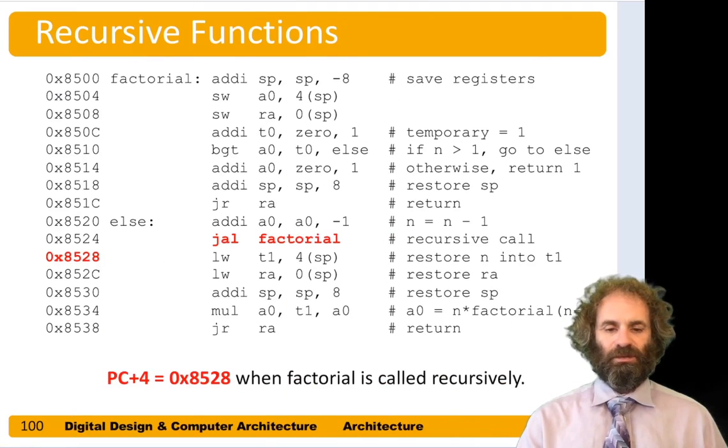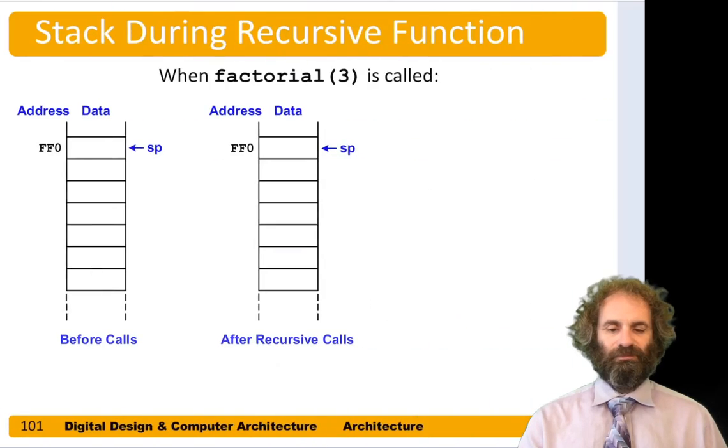So suppose this factorial function began at address 8500 in memory, then the jump and link is at 8524, and we want to store 8528 in the RA register as the place to come back to from each jump and link. So imagine we're following the stack frames as we do this call. So suppose the stack pointer is initially at FF0, and we begin our call.